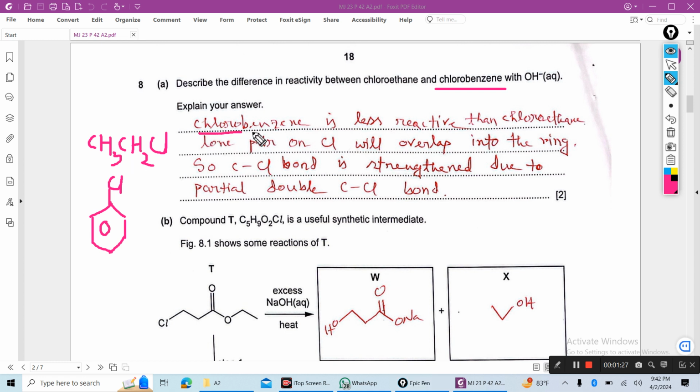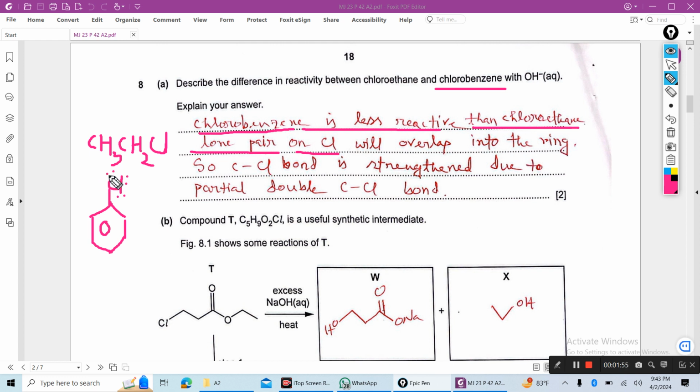So chlorobenzene is less reactive than chloroethane. Why? Because chlorine has 3 lone pairs. The lone pair on chlorine will overlap into the ring.